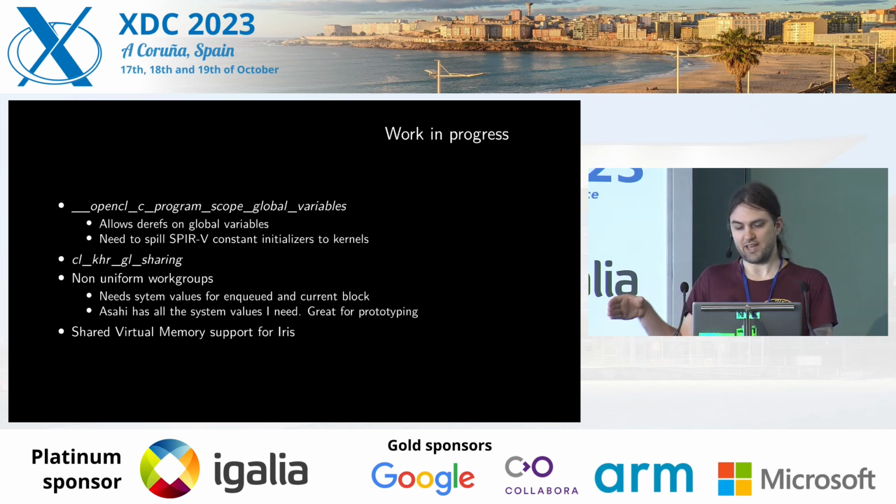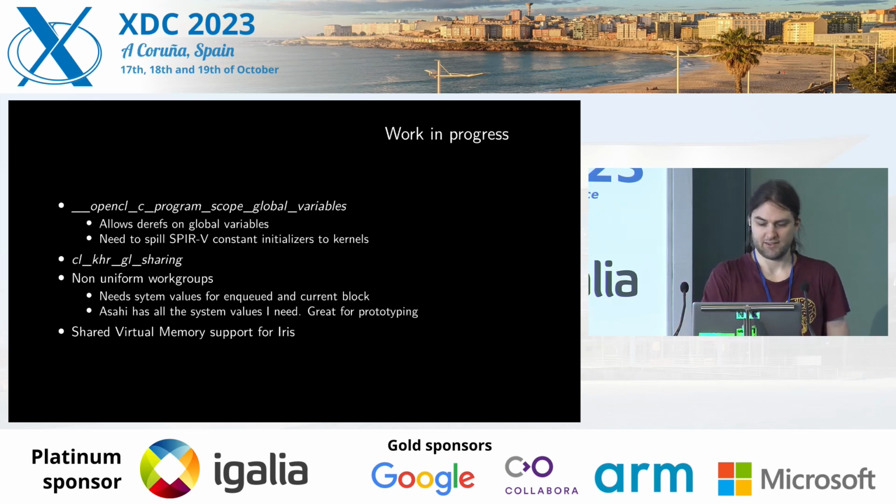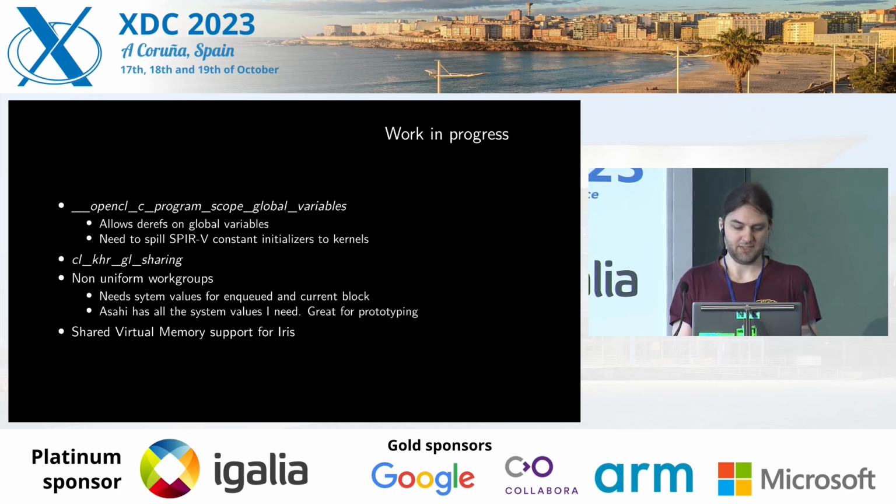So if it's on the edge, it might be that on some dimensions it has fewer threads, and the only hardware which actually supports all the system values in hardware seems to be the Apple Silicon Asahi driver. So it has a system value for the current block size and the size on the NDRange side. I will use this for prototyping it further, and hopefully it will be implemented soon.